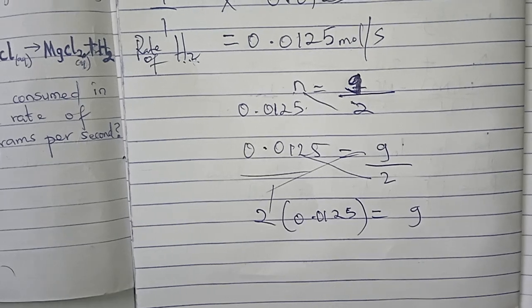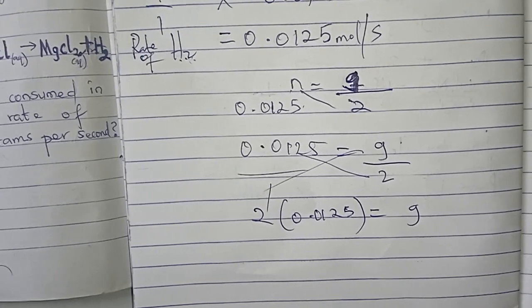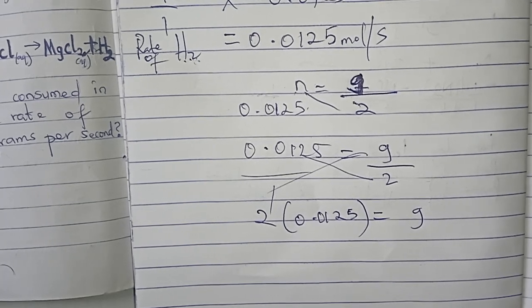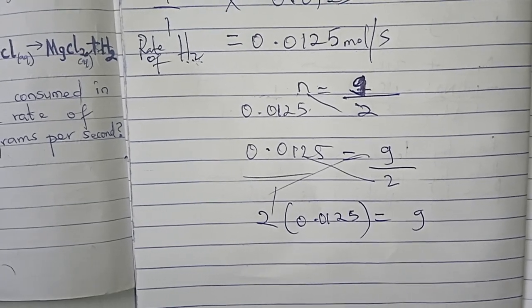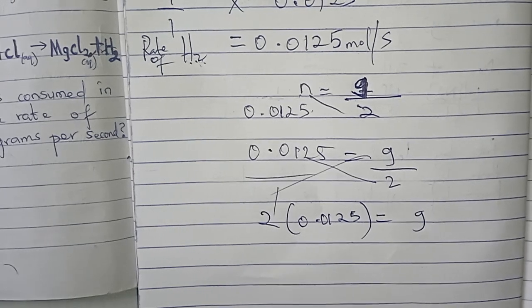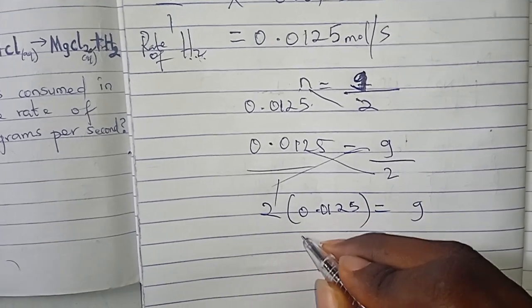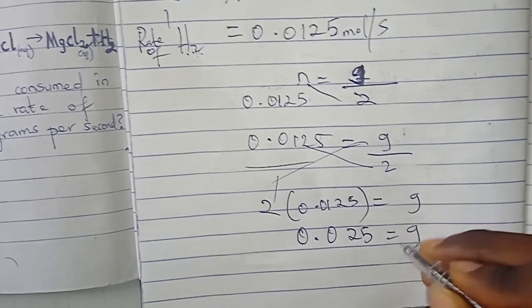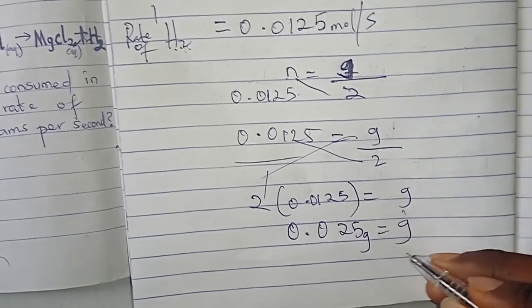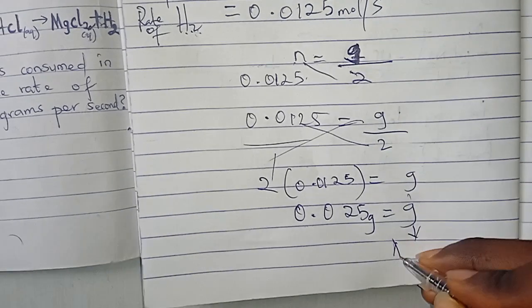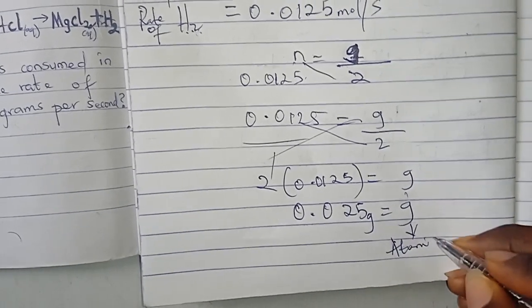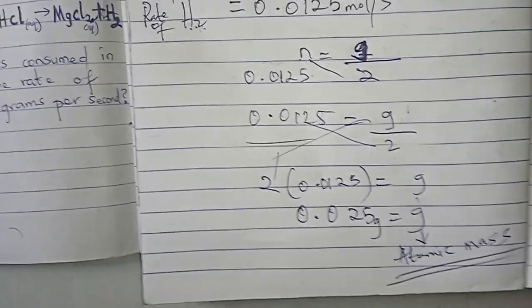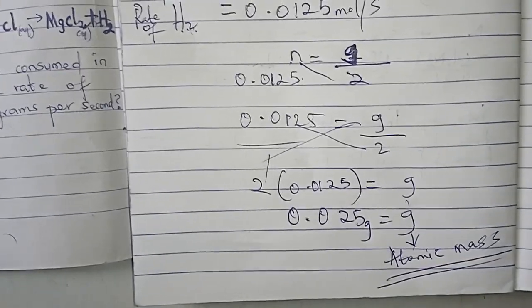So 2 times 0.0125 is going to give me 0.025. So this is in gram. So we can say that this is the gram of hydrogen that will be produced.